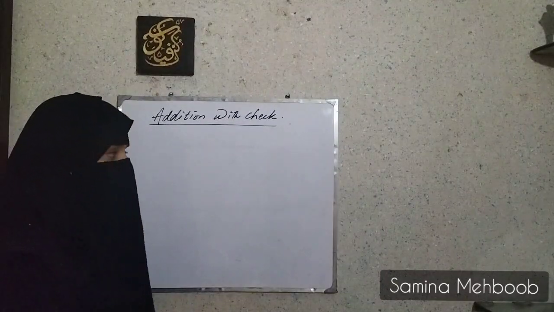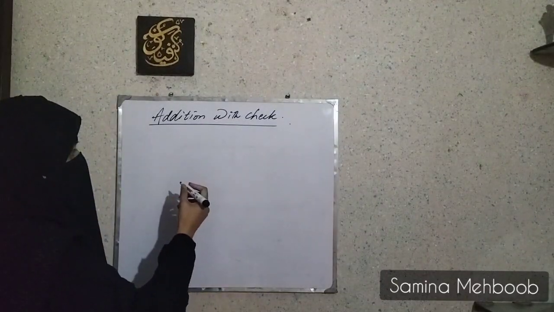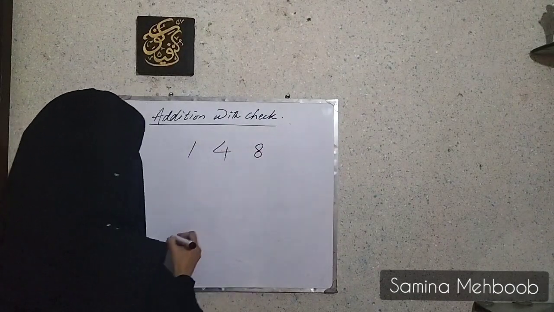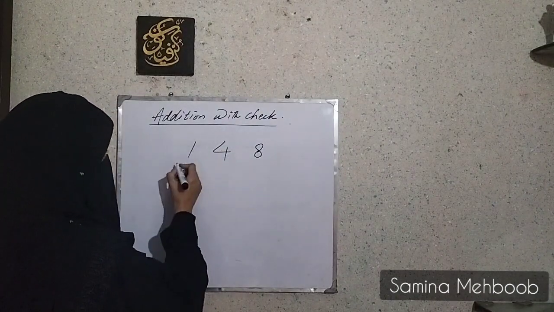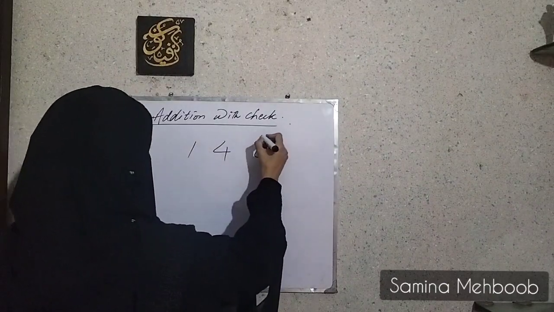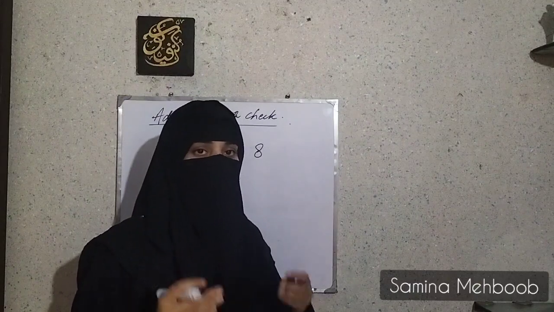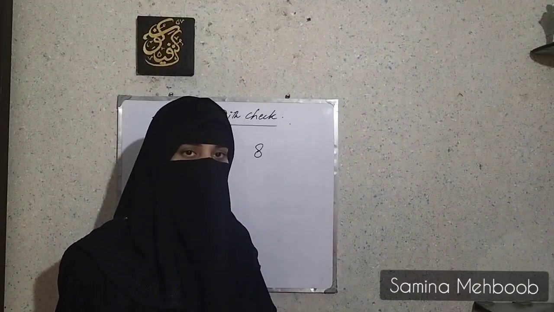What I am going to do, I'm going to write here a sum like 148. Okay, and this is a 3-digit number. And what's the place value? I already said in my previous videos, don't forget to write the place values.